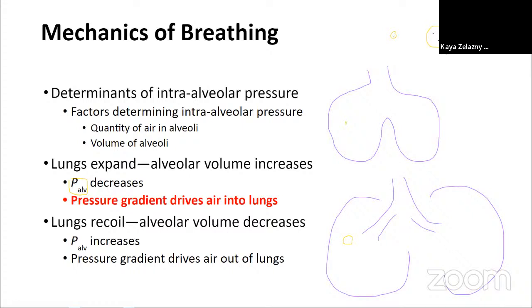There is lower pressure in the larger alveolus. So this would be low alveolar pressure versus higher alveolar pressure. And that's just because of that pressure-volume relationship.